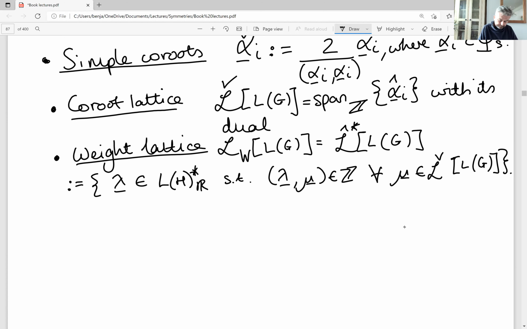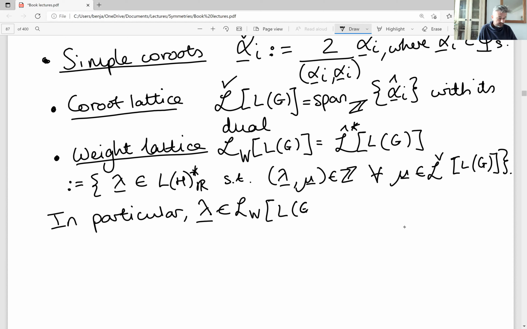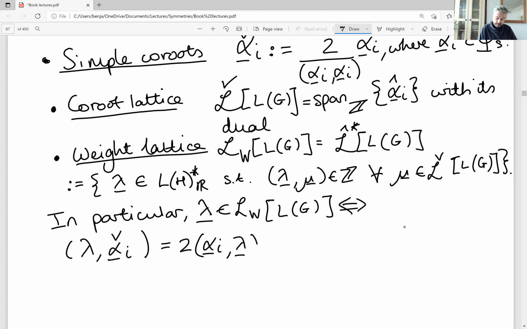So in particular, lambda is in our weight lattice if and only if lambda with alpha_i caron, the i-th co-root, which is twice alpha_i lambda over alpha_i squared, no sum on i.